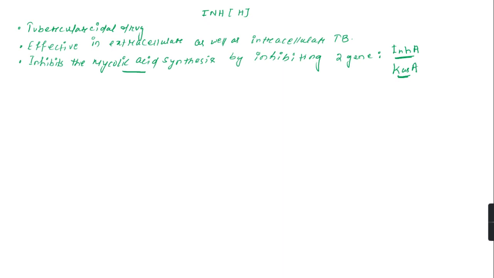So this important component of the Mycobacterium cell wall, mycolic acid, is inhibited by isoniazid.